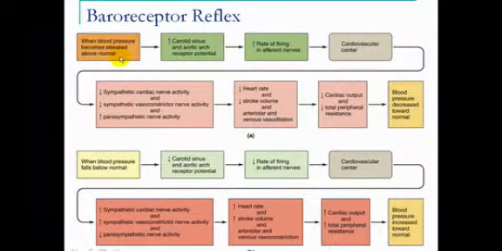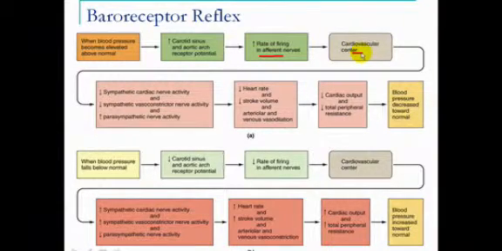So let's say your blood pressure becomes elevated. Okay. That's going to be detected by the baroreceptors in your arteries. And the way it gets detected is if it's high, it will increase the firing rate of action potentials in the afferent neurons. And those afferent neurons travel to your cardiovascular center, which is in the medulla.